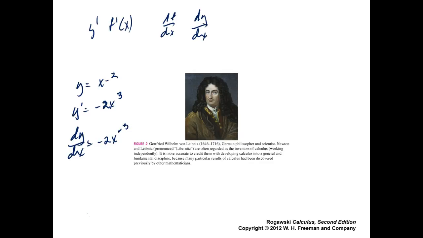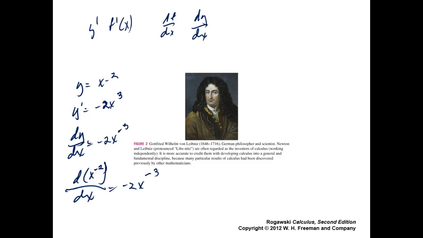Now, another way you can say that is d of x to the minus 2 dx is equal to minus 2x to the minus 3. So rather than putting the y up here, you can actually put that function of x up there. And you're doing the same thing. So lots of different ways to write the same thing.